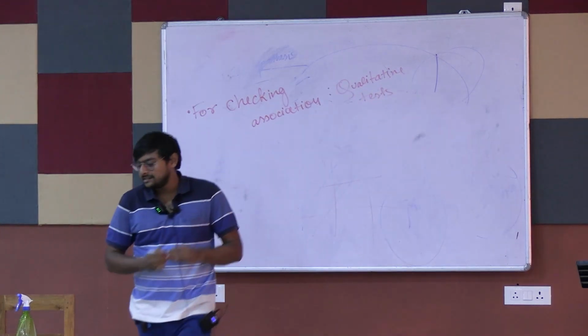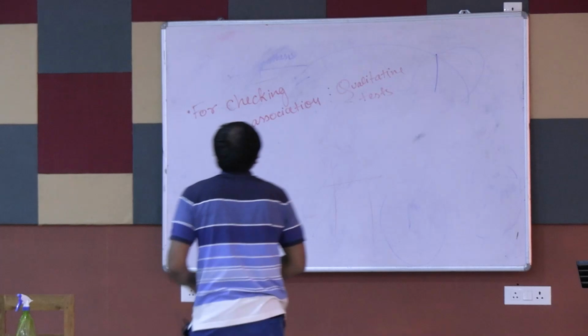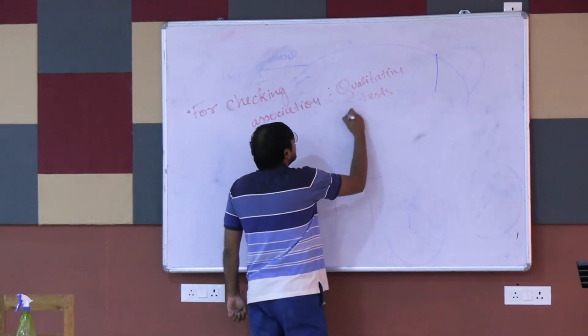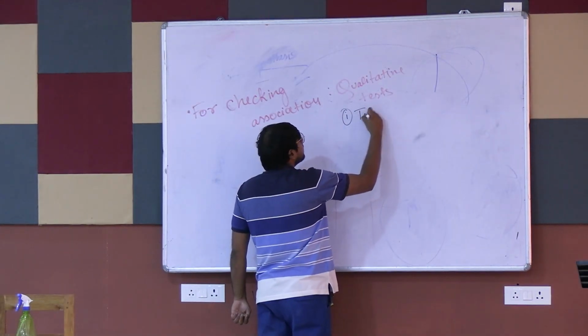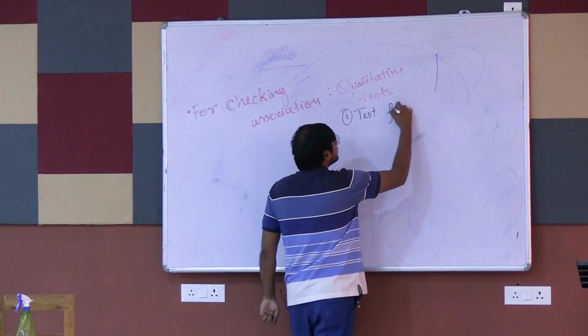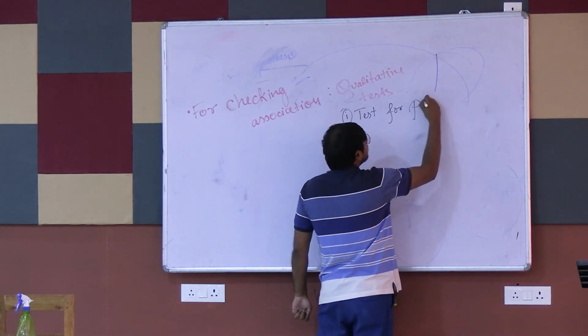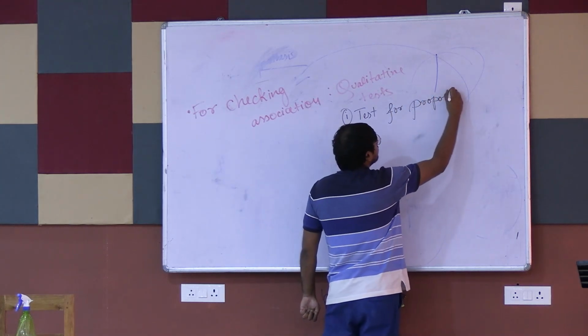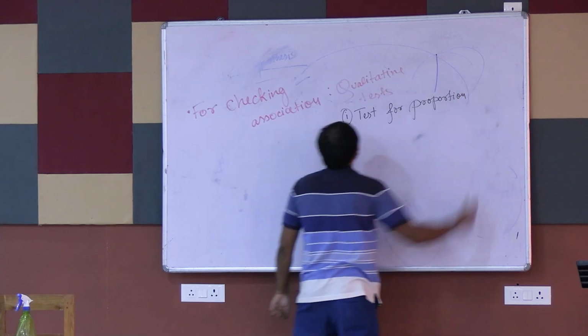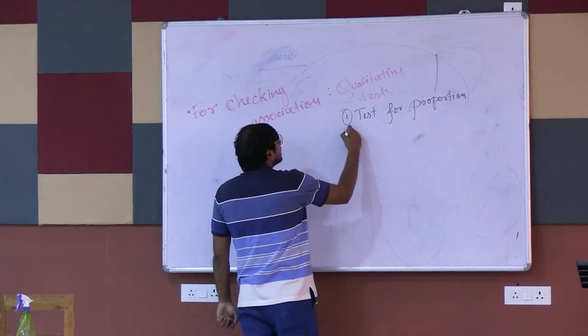And what are the qualitative tests we have? One is test for proportion, and another one is chi-square.